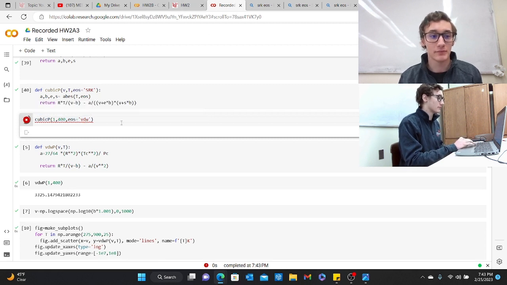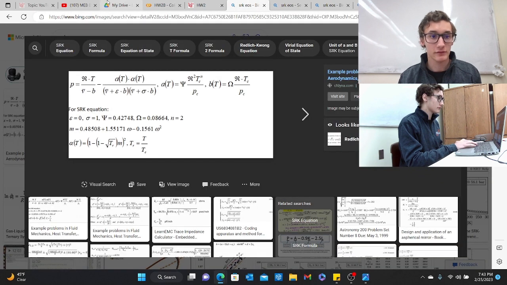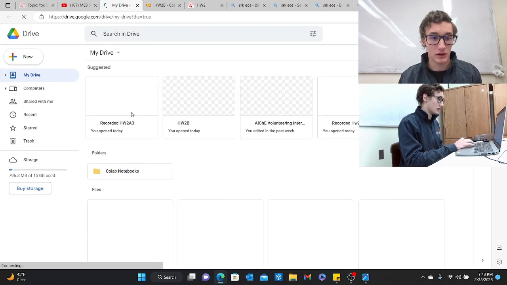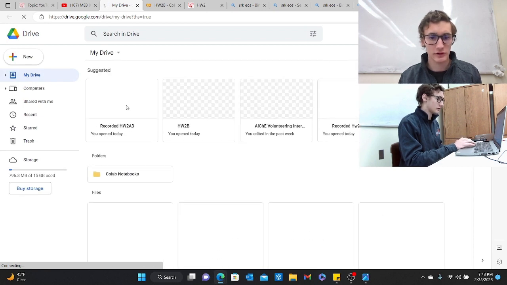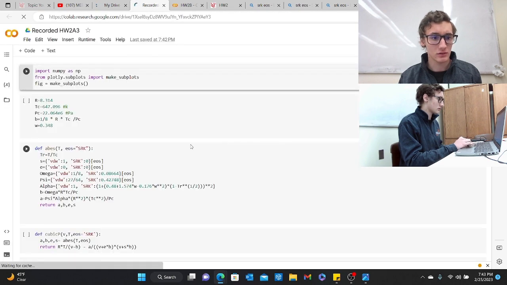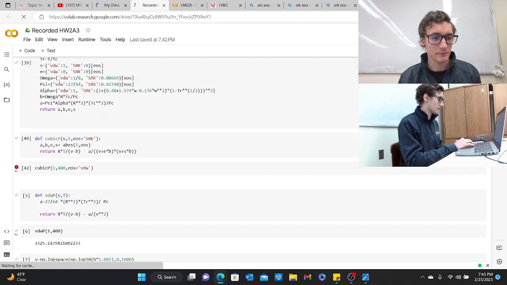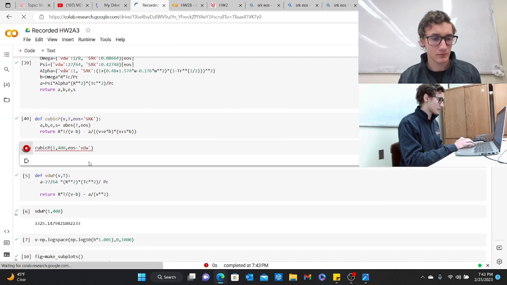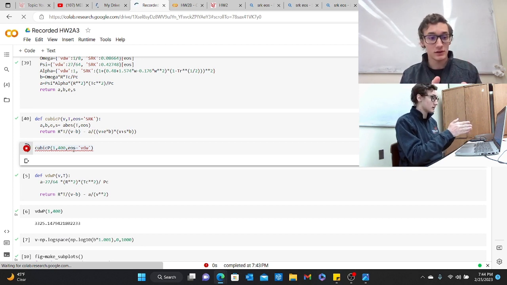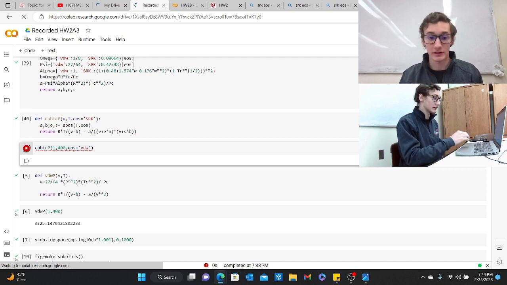So maybe if I close it, leave, go to my drive, refresh the page. Homework 2, 3A is what I believe you're working with. Not sure if I changed it. Okay. And I'm still getting an issue. Here, I'm going to cut it here and then hope to resolve the residual spinning and turning issue.